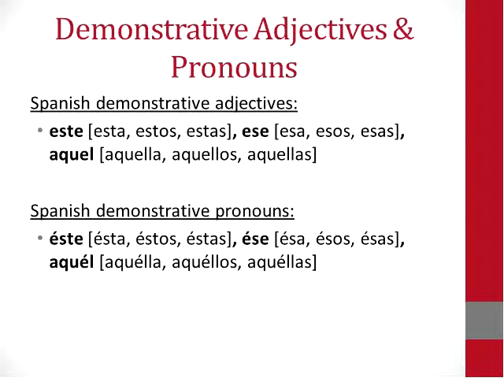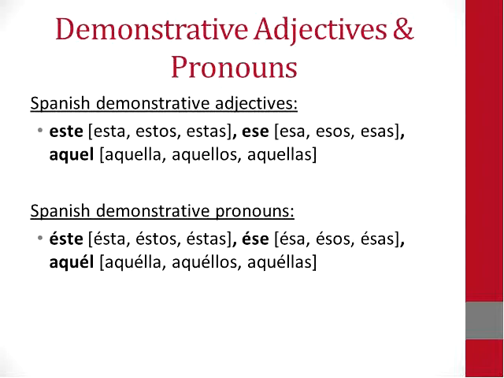So basically we went over just the singular part, and then we went over demonstrative adjectives. So we have este, which can either be esta, or if you have more than one, it's estos or estas. Then our next one is ese, esa, esos, esas. And our last one, that faraway object, is aquel. It could be aquella, or if it's more than one, aquellos or aquellas.